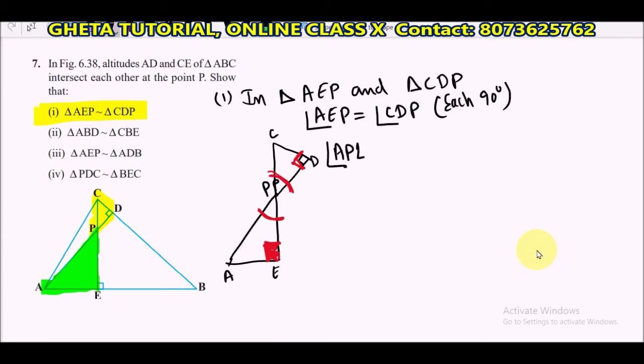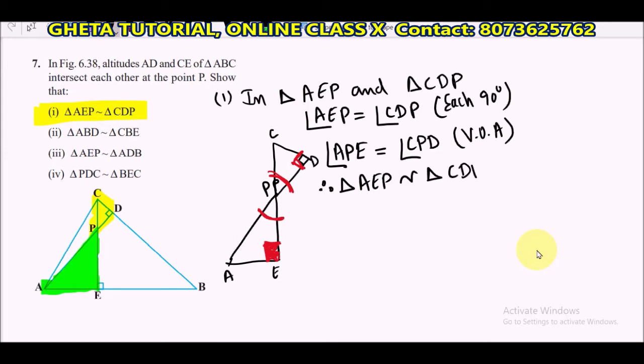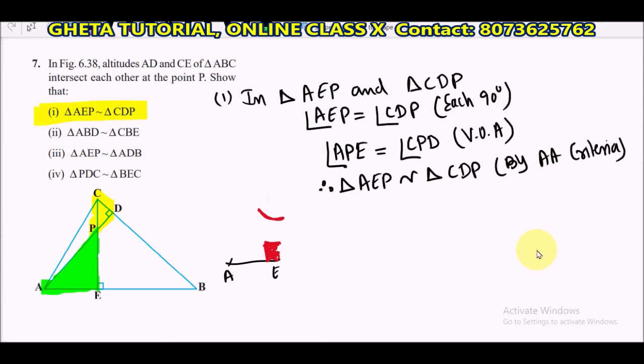Angle APE is equal to angle CPD, vertically opposite angles. Therefore, triangle AEP is similar to triangle CDP by AA criteria. So the two triangles are similar. This question is completed. In all these questions you will get two angles only.